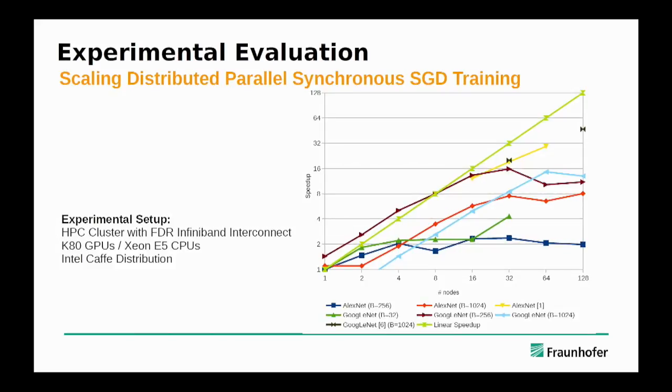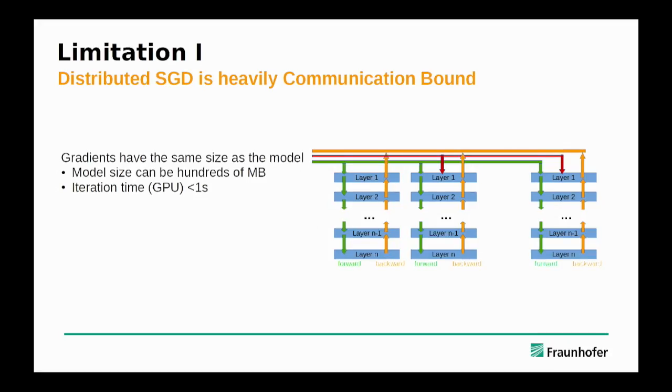The first reason is actually communication overhead. In this model, I have to transfer the model to all the workers and the updates back to the master node, so I have to transfer the size of the model twice.